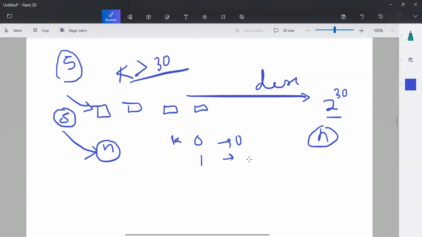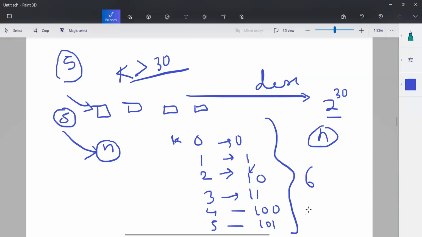Then 1, which means I get the first. Then 2, whose binary form is 1 0, so here I'm getting the first desert. Then 3, 1 1. Then 4, which is 1 0 0. Then 5, which is 1 0 1. So I can have a total of 6 different combinations of deserts, right?